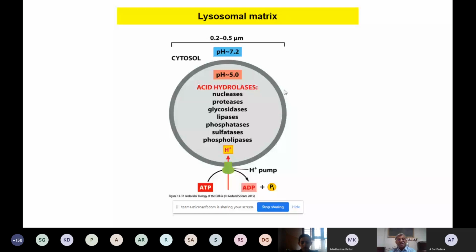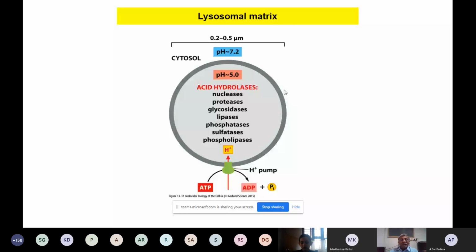So a large variety of macromolecules can be degraded by these glycoproteins present in the lysosomes. The acidic environment within the lysosomes is maintained by a proton pump, and it's always at pH 5 that these different acid hydrolases exhibit their biological function.